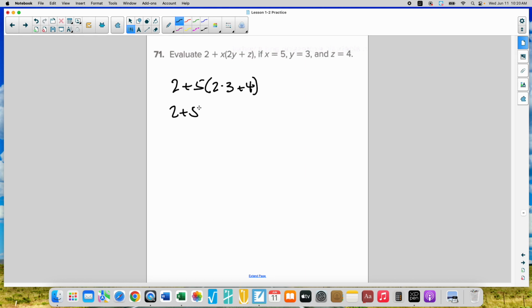So 2 plus 5 times 6 plus 4, 2 plus 5 times 10, 2 plus 50, 52. Orders of operation, we do not add those. Addition comes last. We got to do that multiplication and the grouping symbols.